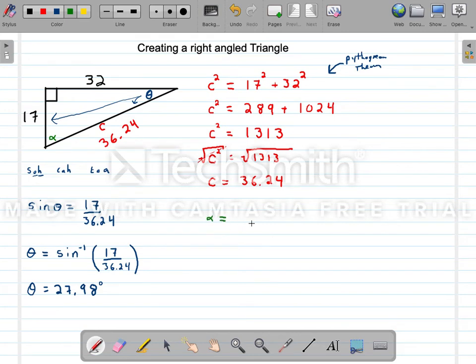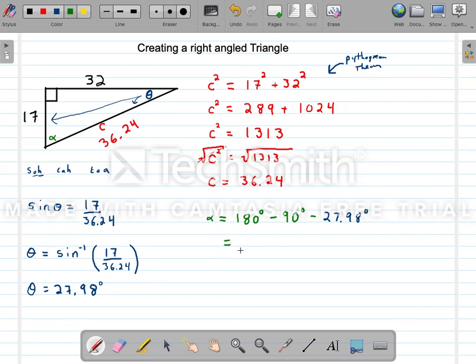So this angle alpha is going to equal 180 degrees, because the sum of all three angles needs to be 180 degrees. So from this 180 degrees, we're going to subtract the 90 degree angle that we know, okay? And we're going to subtract this 27.98 degrees angle that we just calculated. Okay?